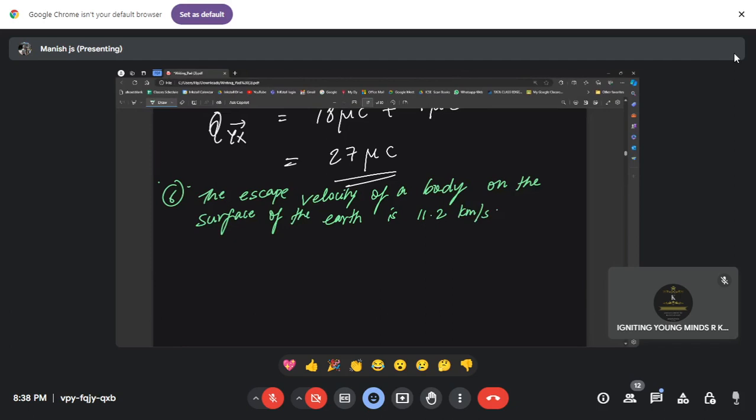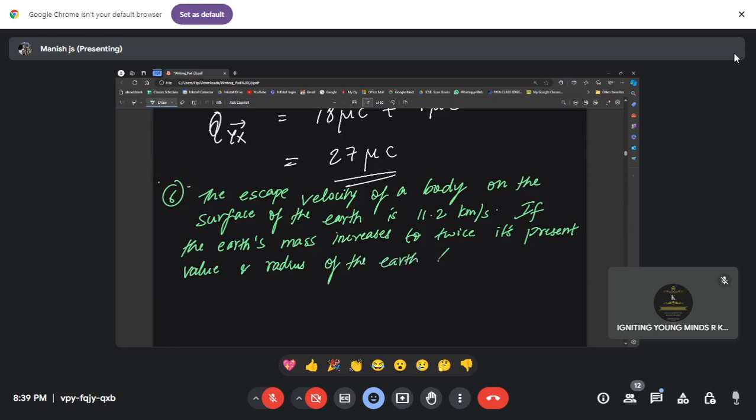If the earth's mass increases to twice its present value, and the radius of the earth becomes half, then what happens to the escape velocity? What is the value then?